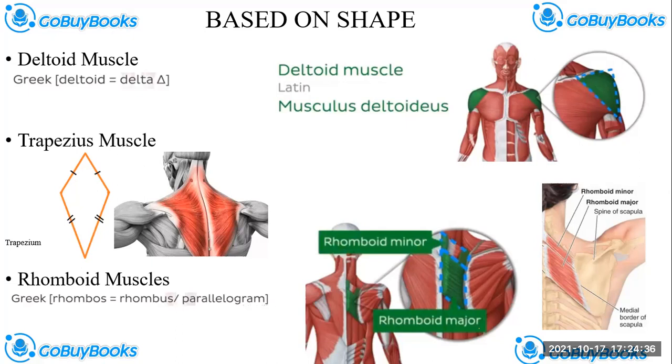For example, we have the rhomboid minor and the rhomboid major. Minor means small, major means big. That means the small parallelogram muscle. Do you get rhomboid minor? If you translate it to English literally, it just means small parallelogram muscle. Rhomboid major, big parallelogram muscle. Do you get that? I hope you get that.